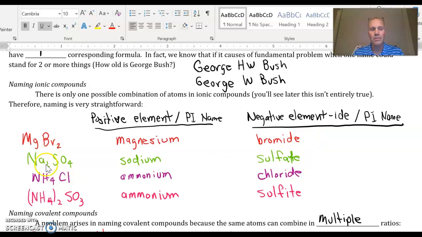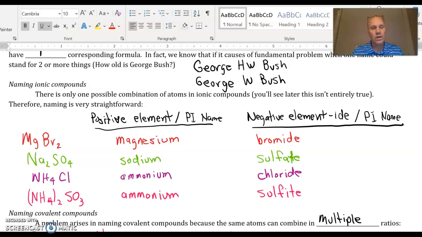Moving to the second compound, it's similar to the first, except the negative ion in this formula is actually a polyatomic ion, which is this right here. The list of all of the polyatomic ions, along with their formulas, names, and charges, can be found on page 7 in your reference guide.